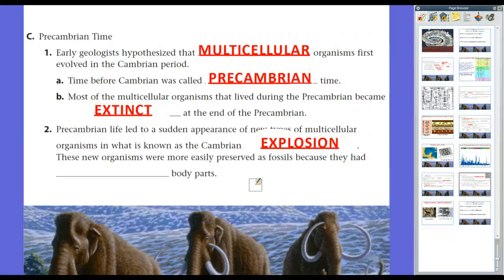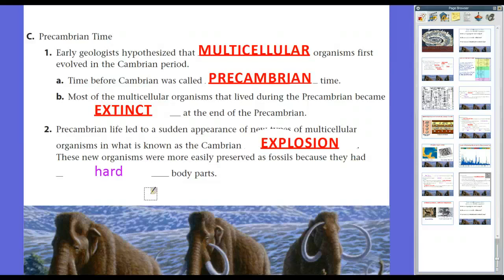Life everywhere, in all sorts: plants, invertebrates, animals. That was the Cambrian explosion. These new organisms are more easily preserved as fossils because they had hard body parts. For example, remember the trilobite at the museum, that little crab-looking thing. They had a hard exoskeleton, which means when they were buried quickly during disasters, they were able to be fossilized.